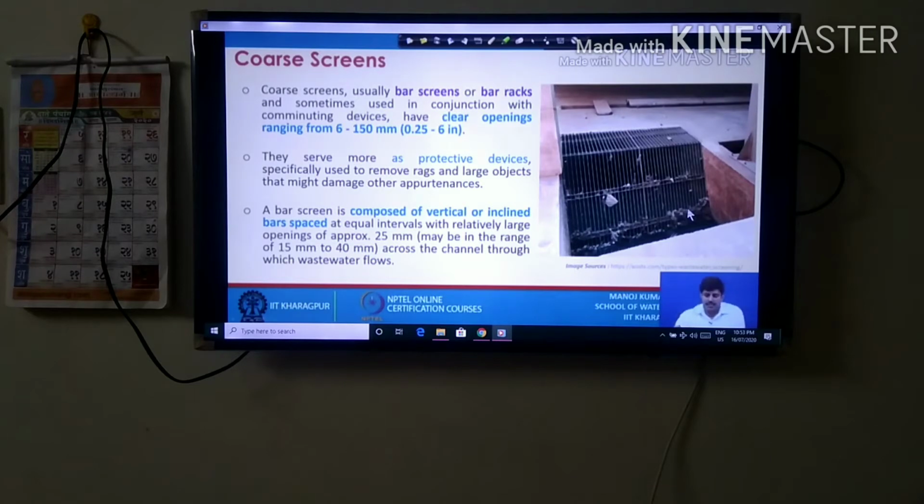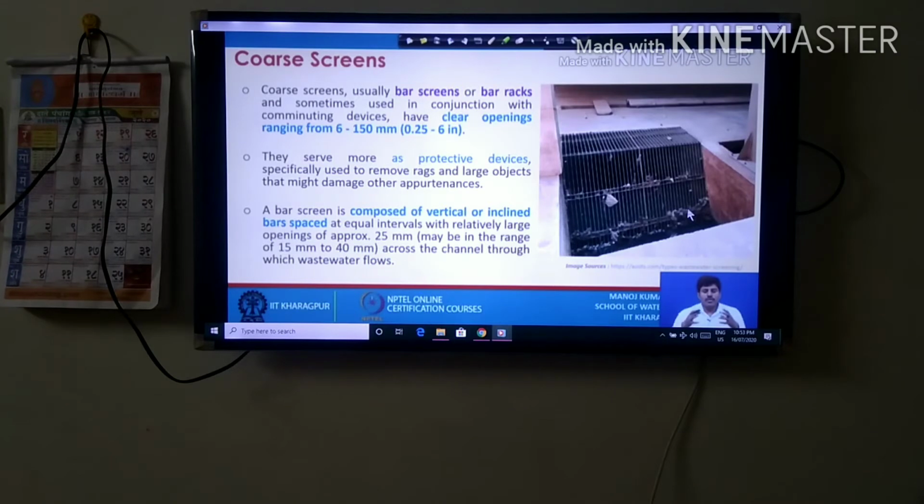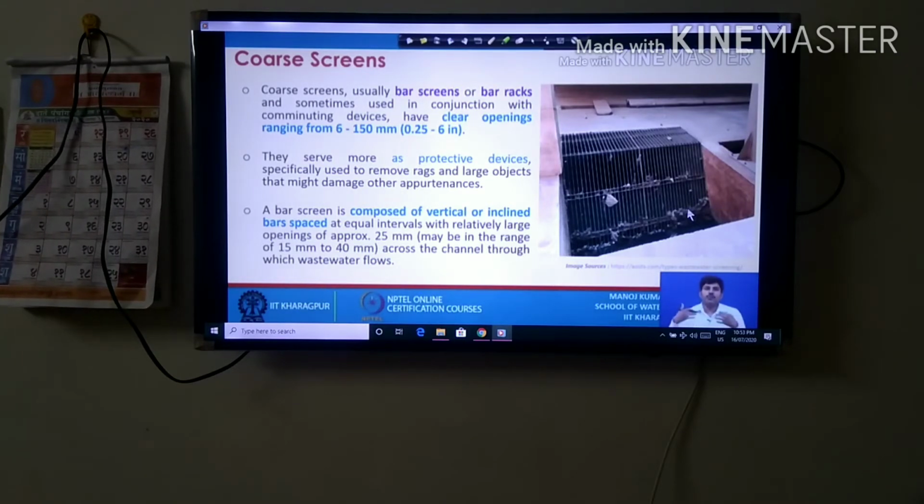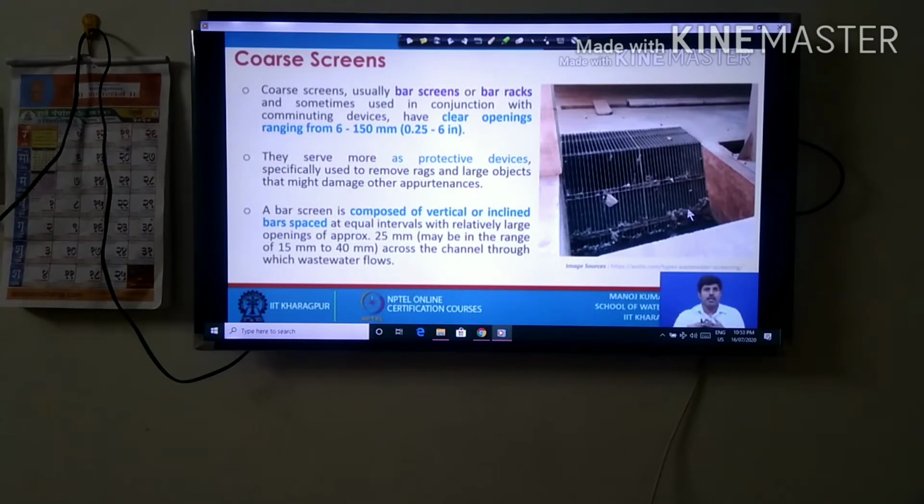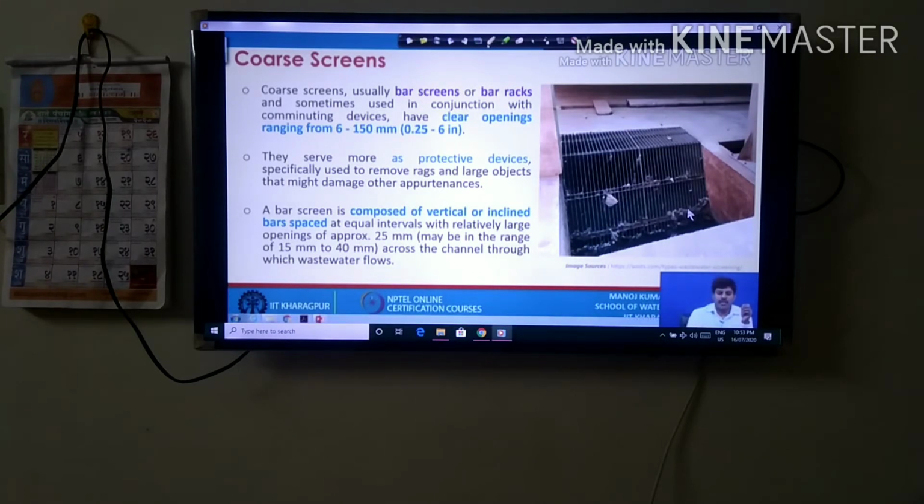These are more like protective devices, used for protecting the rest of the plant operations. They are specifically used to remove rags and large objects. Because the opening size is 6 to 150 mm, it will remove only particles larger than the opening size, and the rest can actually sneak through.